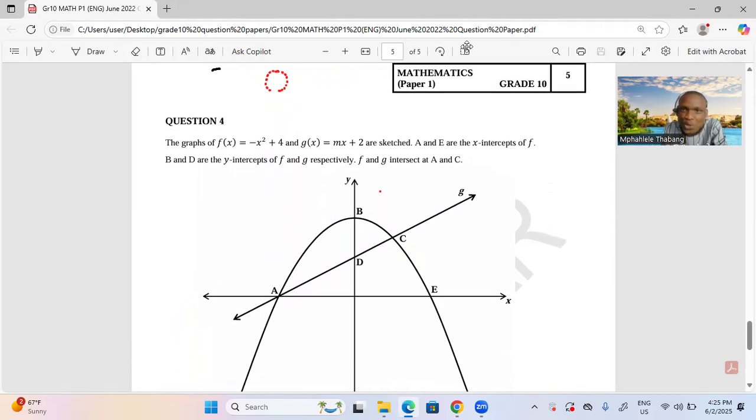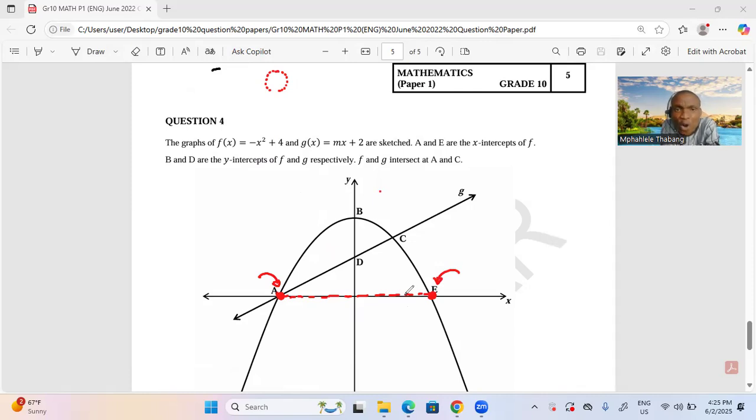They are looking for the distance from A to E. So we have to find the length of AE. The first thing that you must do is know the coordinates of A and the coordinates of E. This is a very dope maths question.